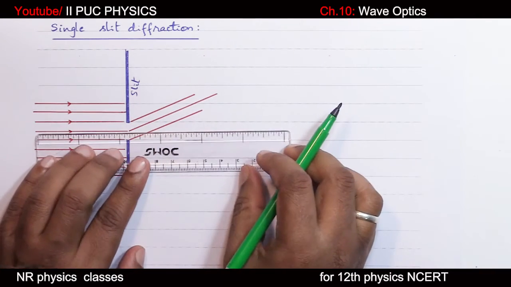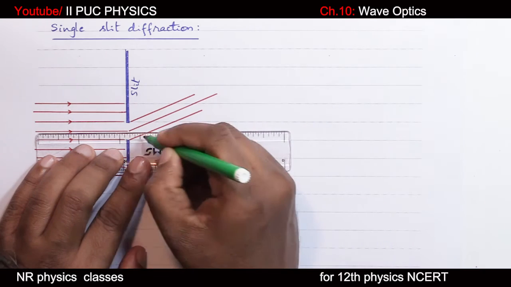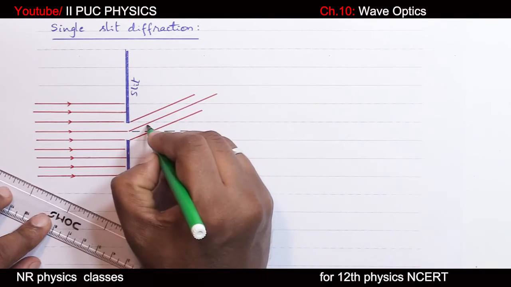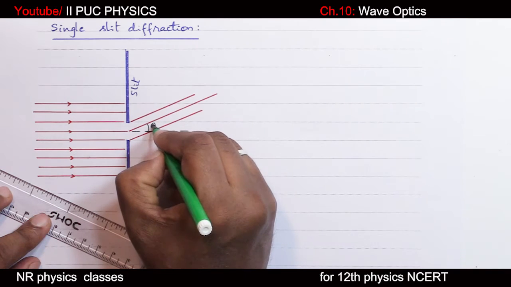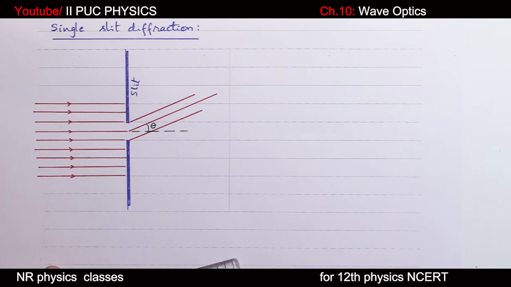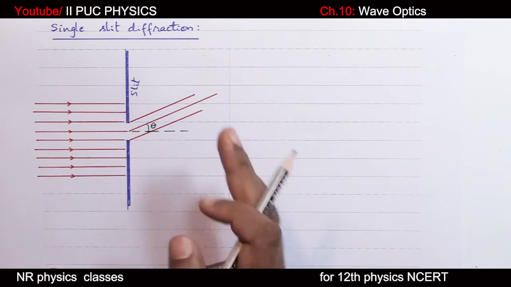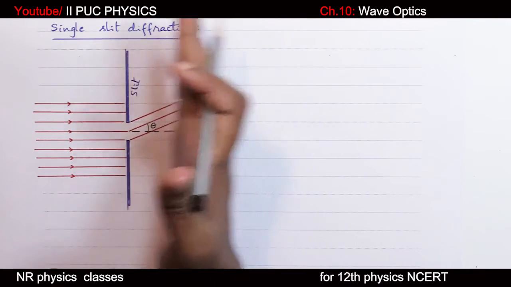With respect to the central ray, the angular position is taken. So this angle is theta. Okay. Remember, the distance of the screen from the slit is more, but to understand, I am keeping the screen close to the slit.